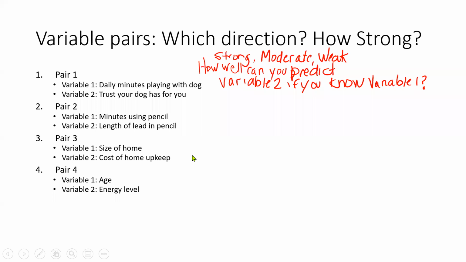Next item, age. This is human beings, age and energy level. Strength and direction. Thanks, Lisa.